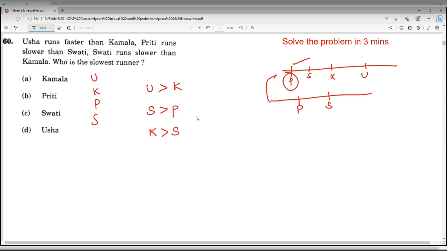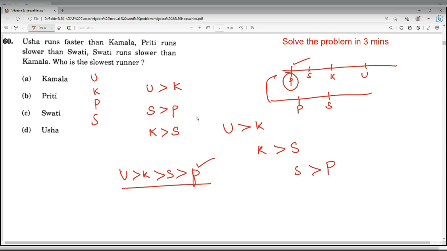You can just line this up together. You have Usha greater than Kamala, Kamala greater than Swati, and Swati greater than Preeti. So when you combine all this, you get U greater than K greater than S greater than P, and the least is P. So the correct answer is option B. I hope this is clear. If you have any doubts, you can ask.